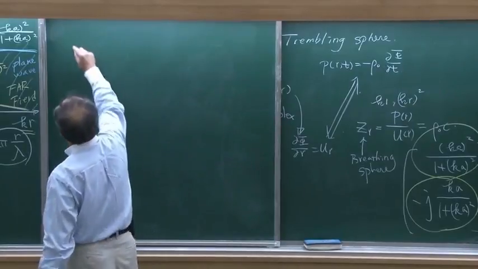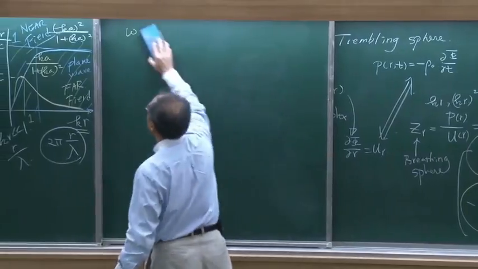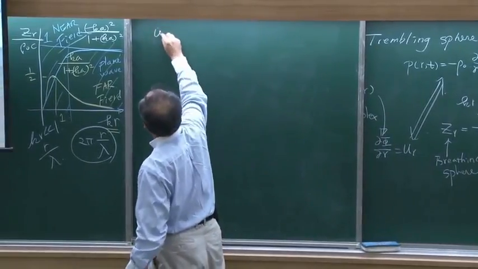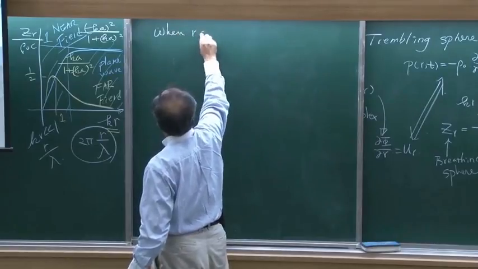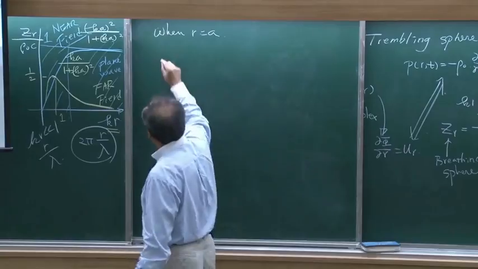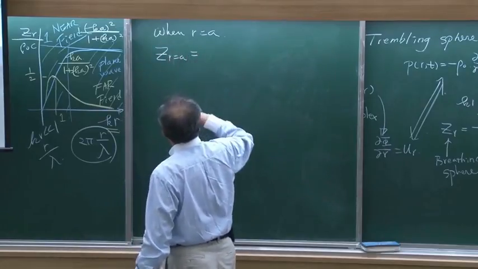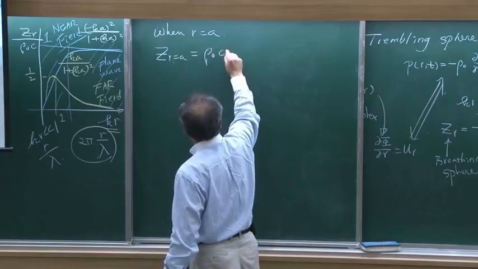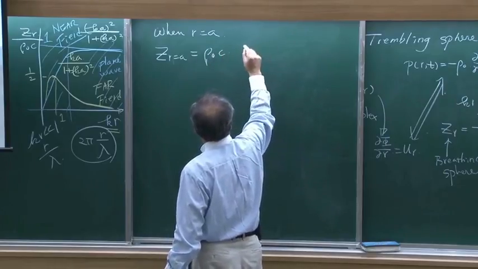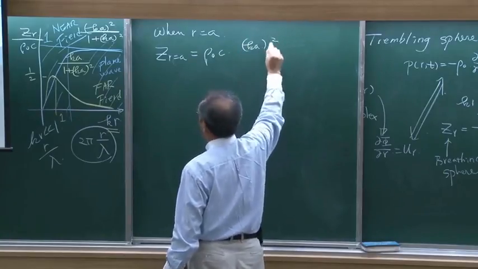Then, when r equals a, simply Z at r equals a would be equal to rho 0 c, and then I have Ka square.